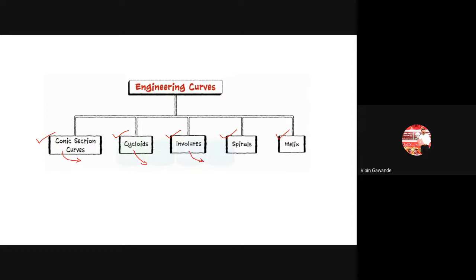Whenever you read these, search for where each curve is used, because in MCQ questions, generally they will give you the application and ask which type of curve will be generated by it.